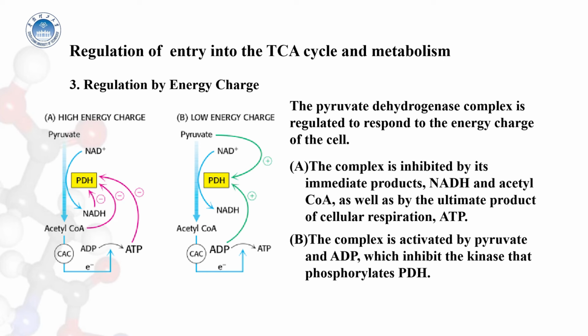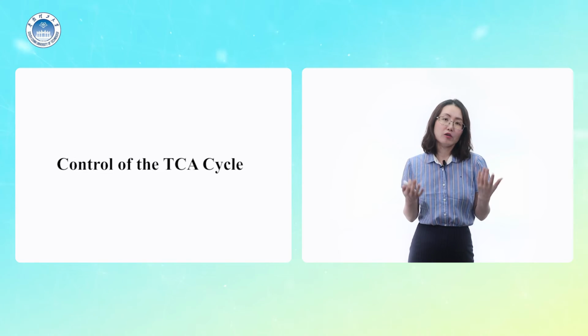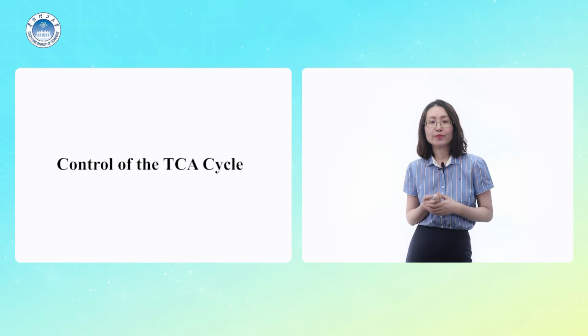And it shows in B that the complex is activated by pyruvate and ADP, which inhibit the kinase that phosphorylates PDH. So how to control the TCA cycle?